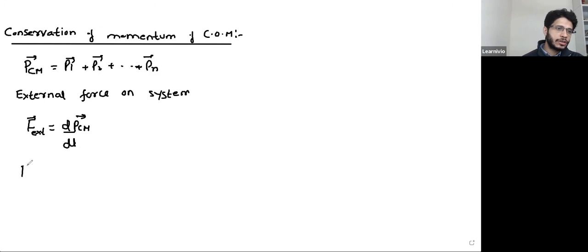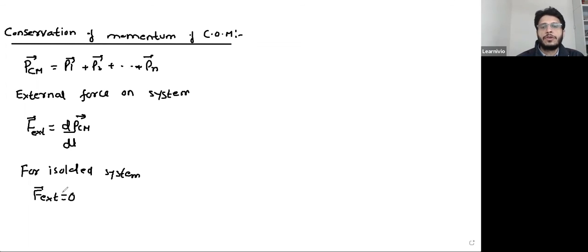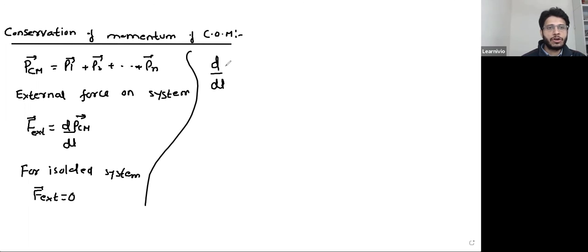If I take an isolated system, an isolated system means a system where external force does not act. So a system for which F external is 0 is an isolated system. If I take an isolated system, then the rate of change of momentum of center of mass is 0. If the rate of change of momentum of center of mass is 0, that means PCM is constant.